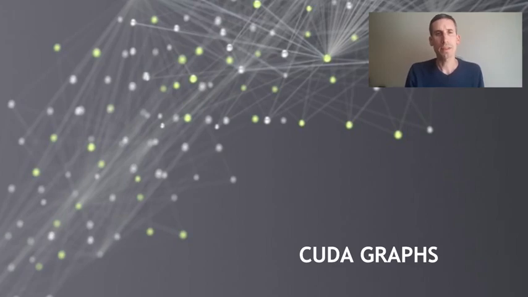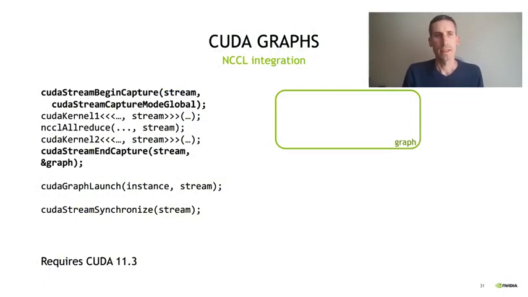Now let's talk about NCCL 2.9, which adds support for CUDA graphs. So the idea is quite simple. We want to be able to capture NCCL operations as part of a CUDA graph, just like we would do for any other kernel that we launch on the GPU.